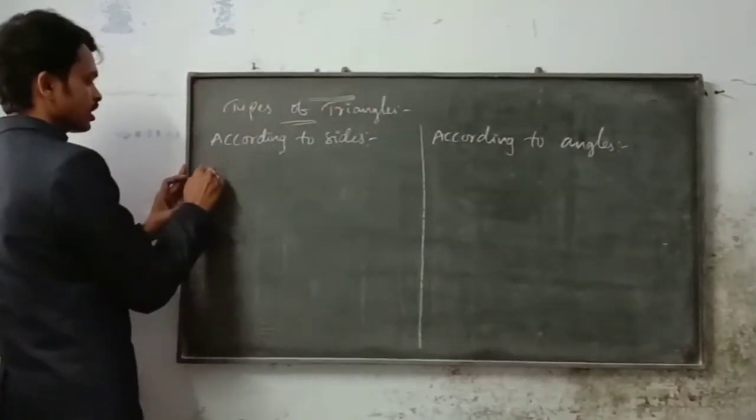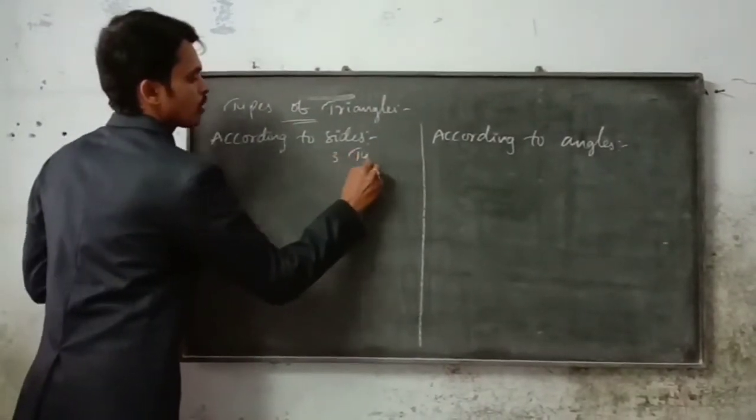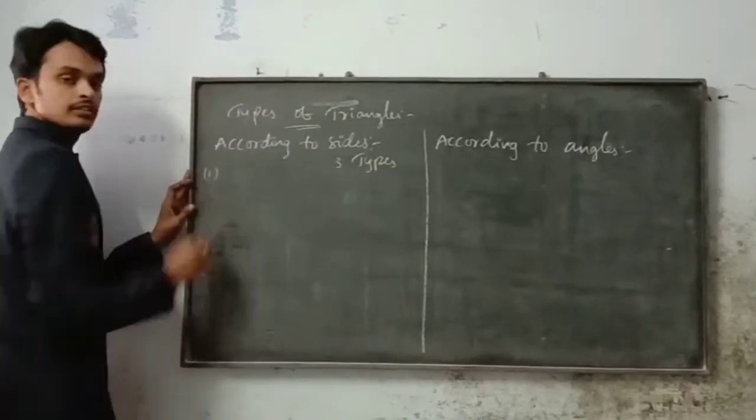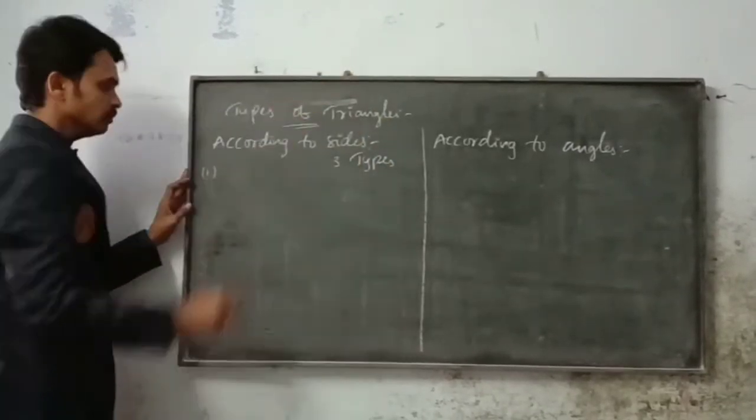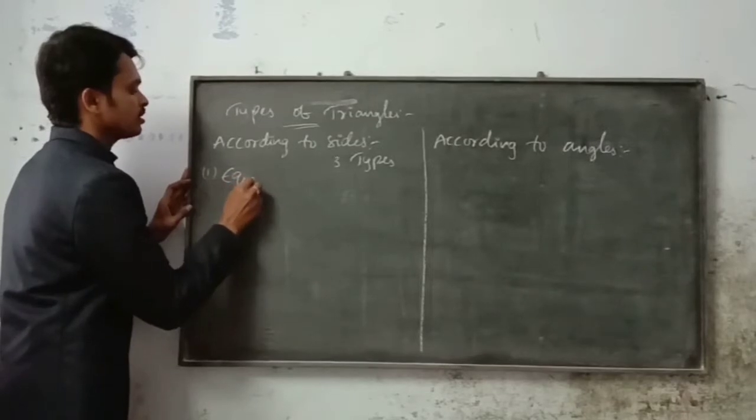So according to sides, 3 types. First one, equilateral triangle.